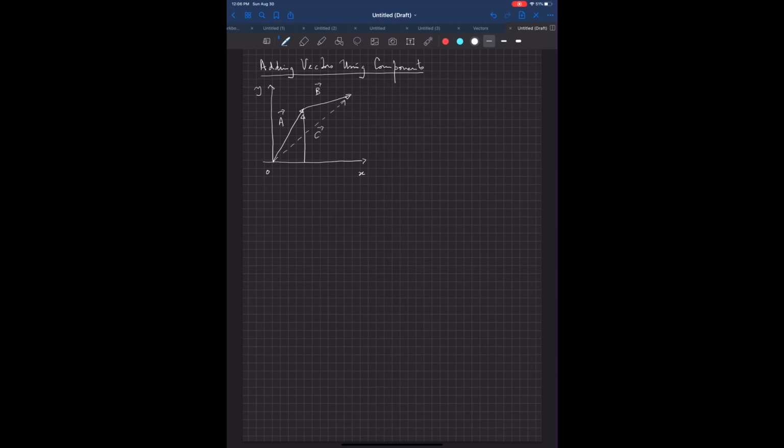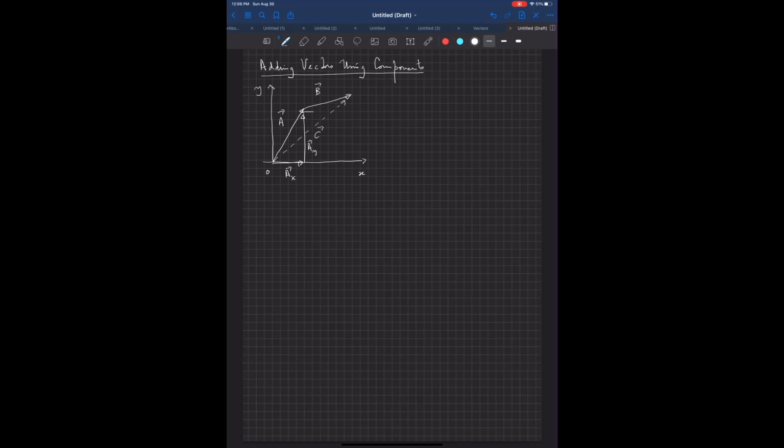So here's A sub y, and here's the vector A sub x.